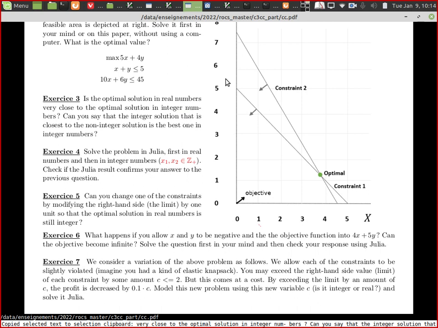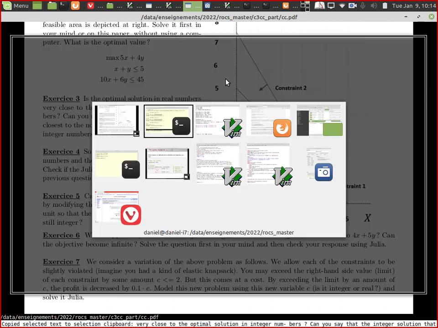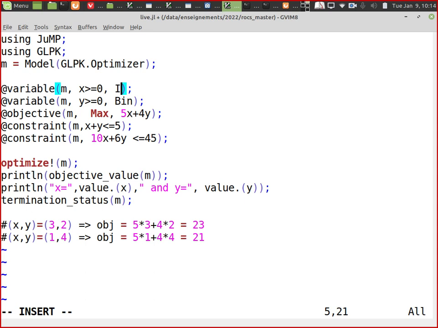Any question here? So for exercise 3, in terms of the Julia code, we just put int, and it will solve it.